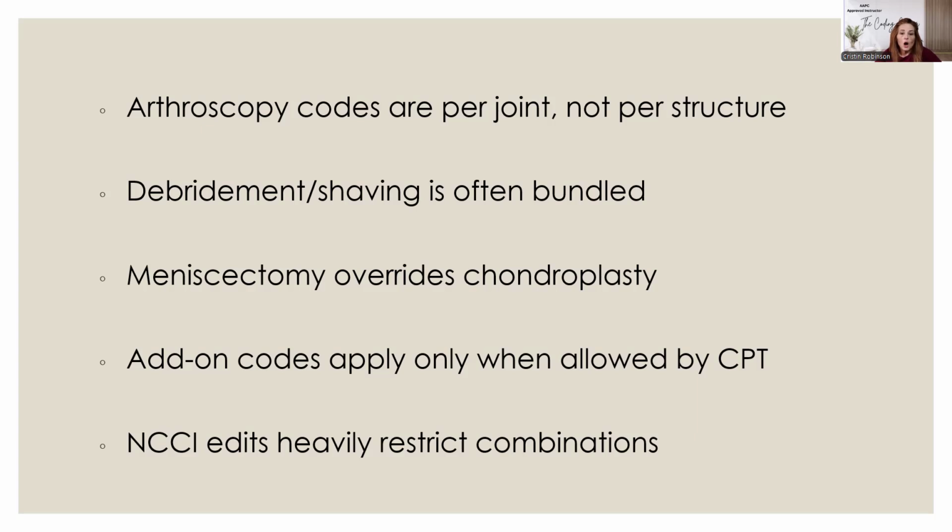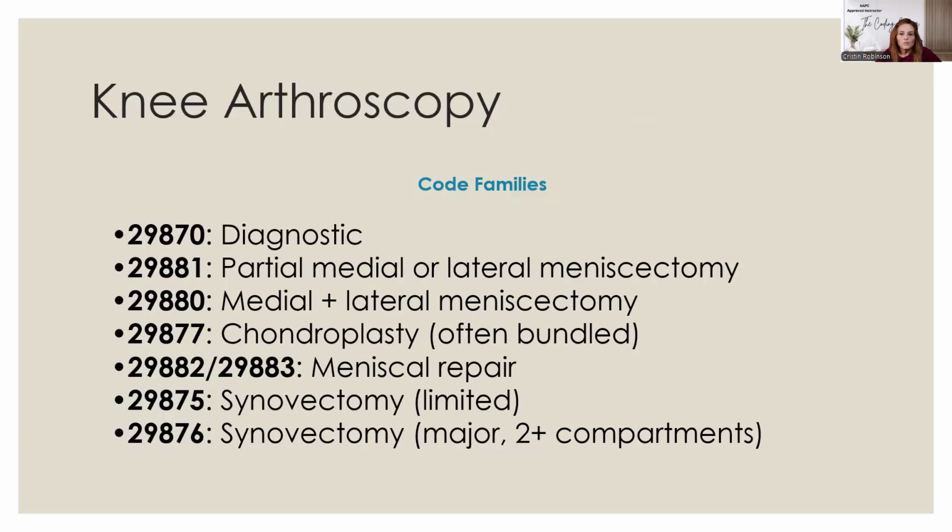Add-on codes apply only when allowed by CPT. And NCCI edits heavily restrict combinations. Diagnostic arthroscopy is only billable if no surgical procedures are performed. Remember that chondroplasty is bundled when performed in the same compartment as a meniscectomy.